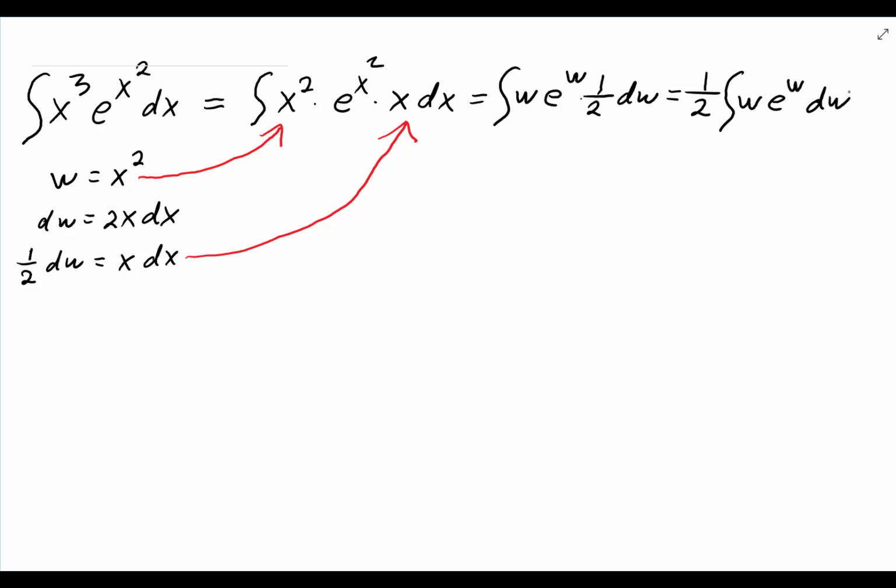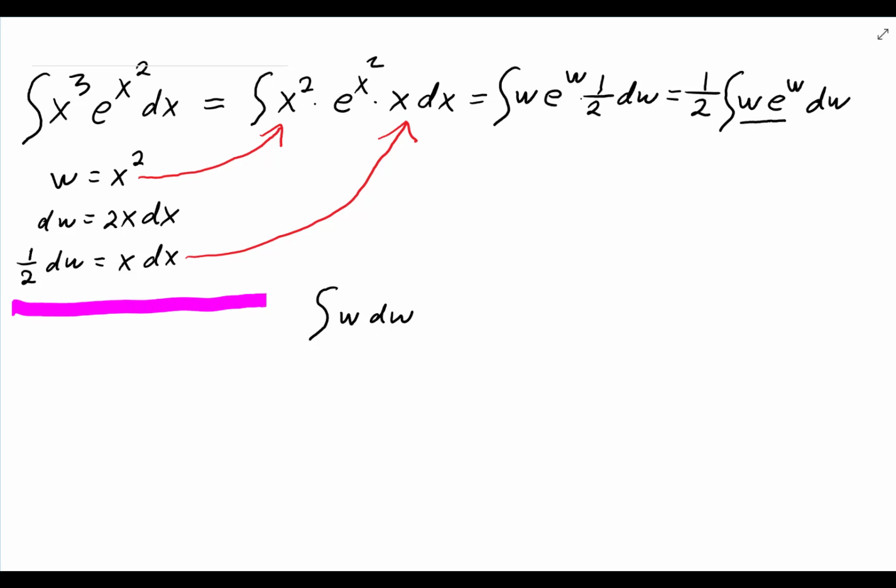Okay, now you should recognize this integral. That's integration by parts. And as a matter of fact, we can actually use tabular integration on that. Let's go down here and use tabular integration on this. Okay, so let's just put a little boundary here.